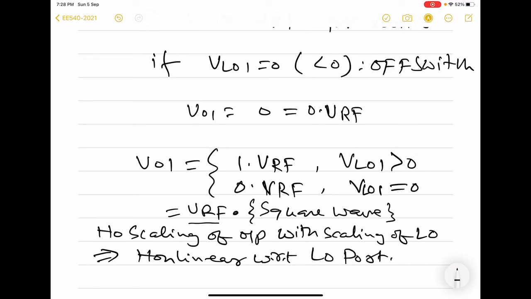So if this RF is sum of two, this can be distributed over two individual sums leading to two different sums. But because scaling is not valid, the third property will not be valid. So that is why the linearity of this switch-based mixer with respect to LO is not true.